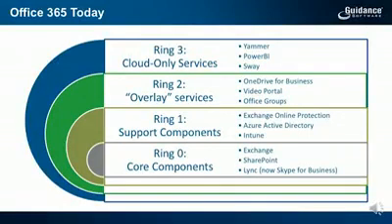At ring 2 in the green box there, you've got some overlay services, what I've called overlays. These are components or features of the product which have been built on one or more of the core components. You have things like OneDrive for Business, which is a file storage, sharing and synchronization tool that's built on top of SharePoint. When you store a document in OneDrive, you're really storing it in a particular document library in SharePoint in your My Site.